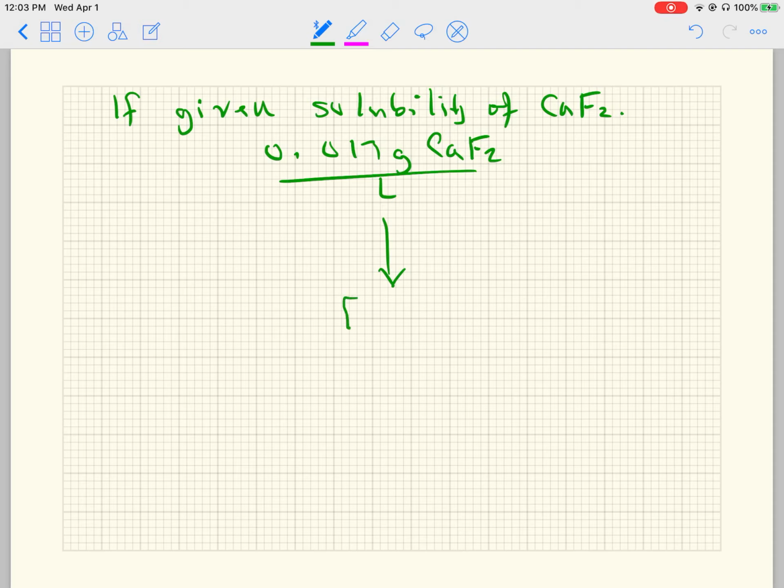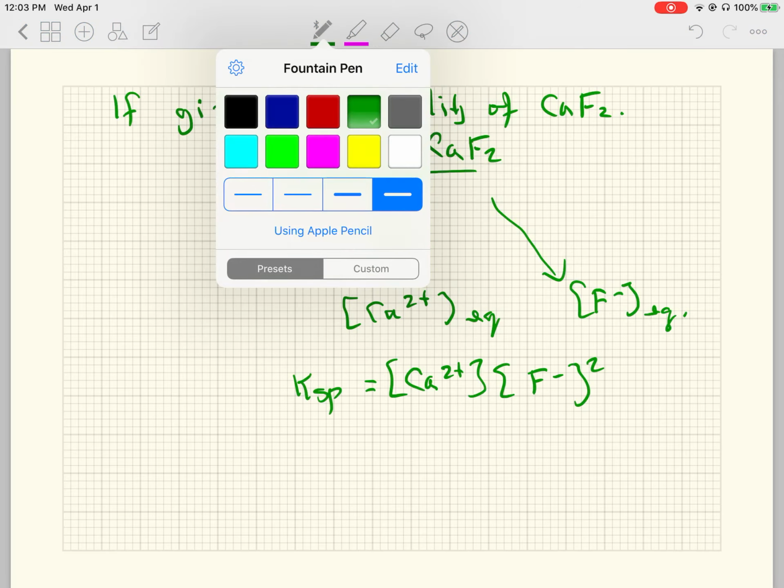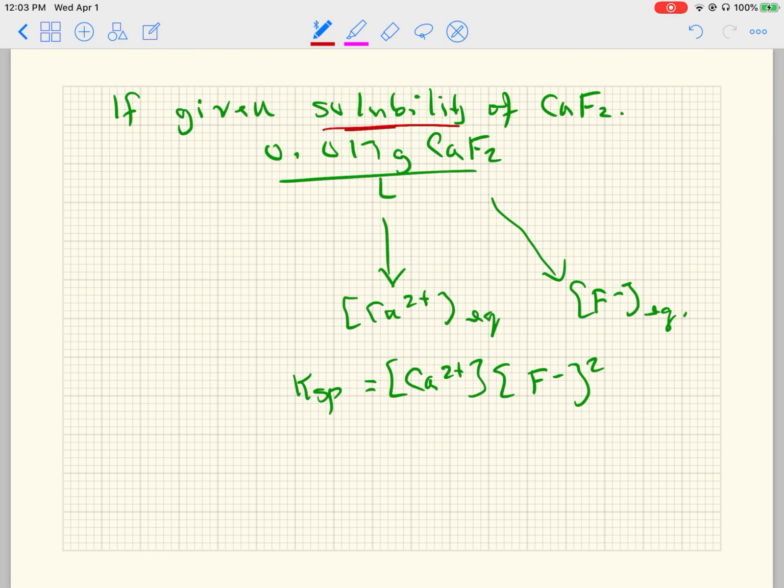We can actually get to the equilibrium concentration of calcium. We can also from it get to the equilibrium concentration of fluoride, and as a result, because my KSP is based on equilibrium concentration values, I can actually find KSP. So if you're given the solubility, it will allow you to derive a KSP.